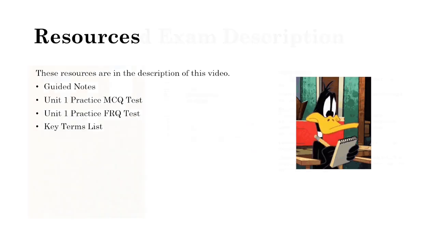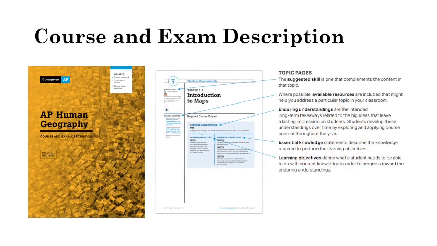Now, all of my AP Human videos go by the course and exam description. If you have never taken an AP class before, you may not know what this is. The course and exam description is a document created by the College Board, the same company that makes your AP exams. They divide the course into different units and different topics.